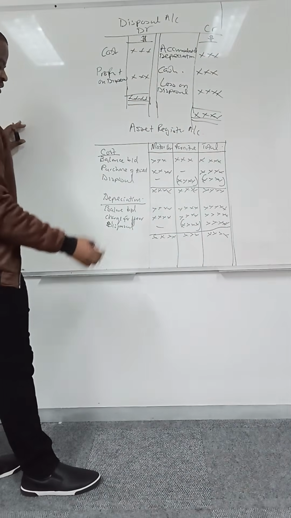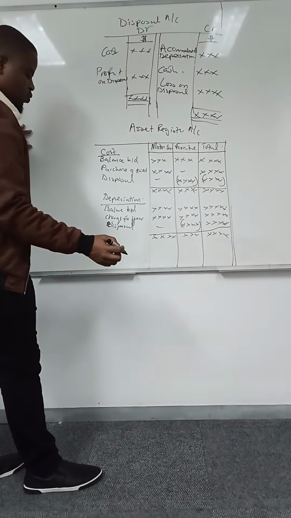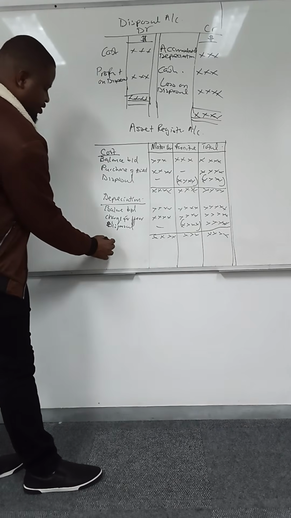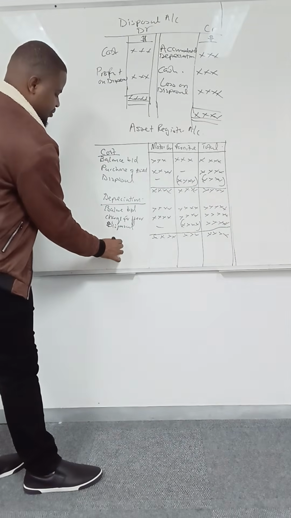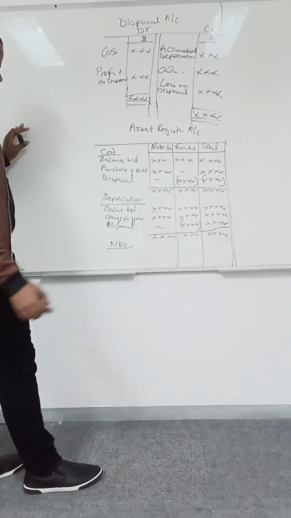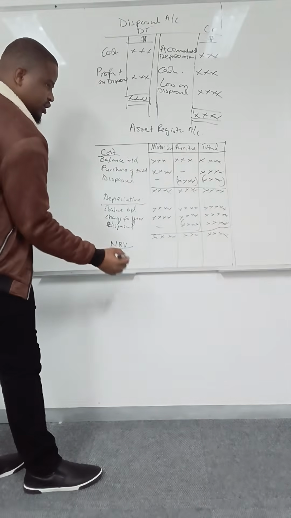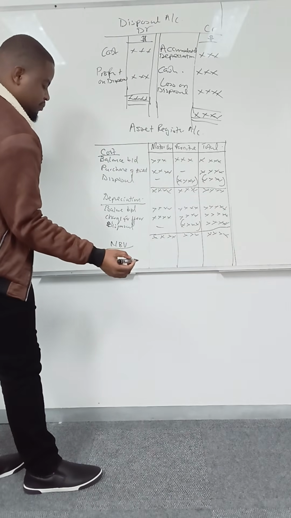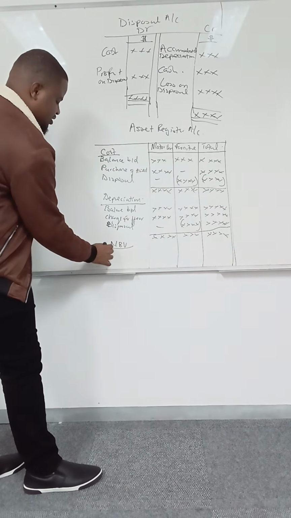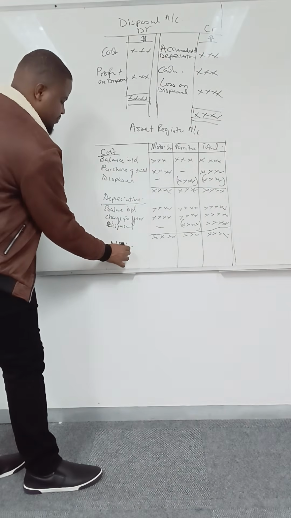Then after that, we move on to NBV now. For NBV, we start with the balance BD, sorry. We start with the balance BD.